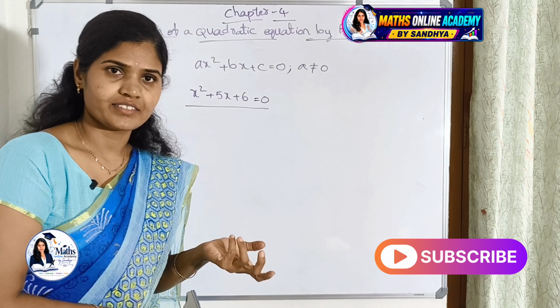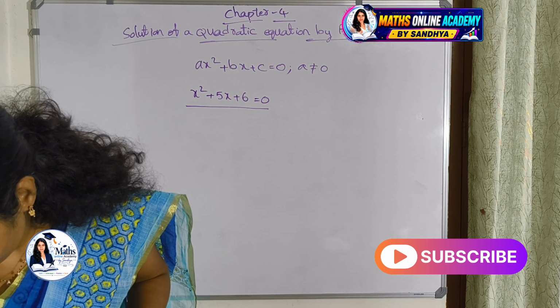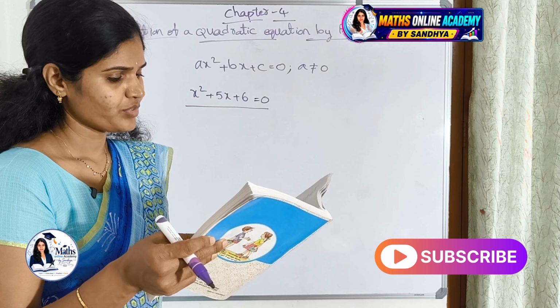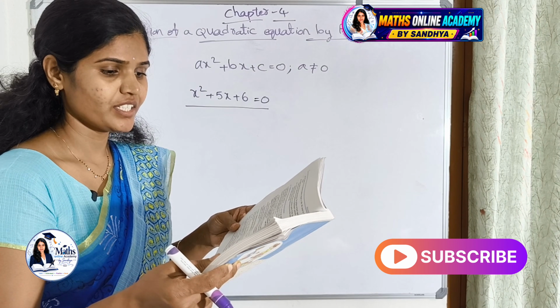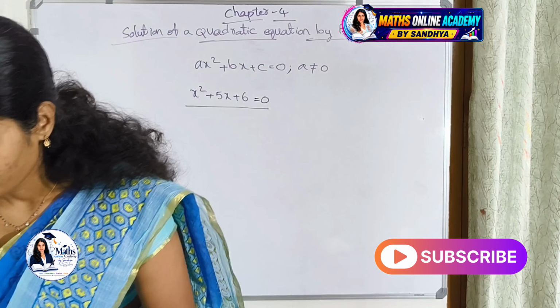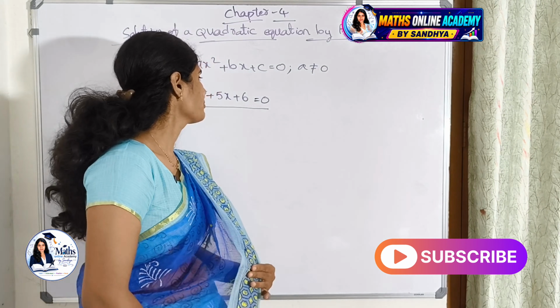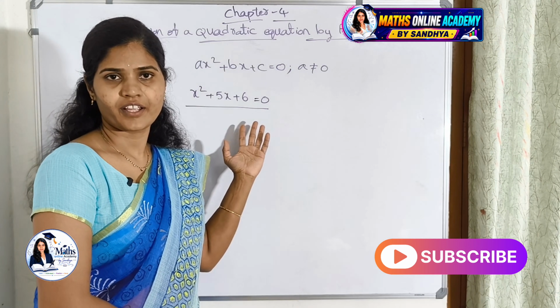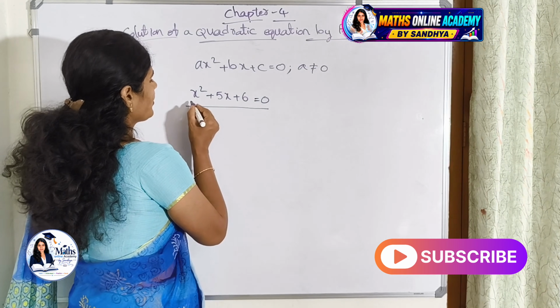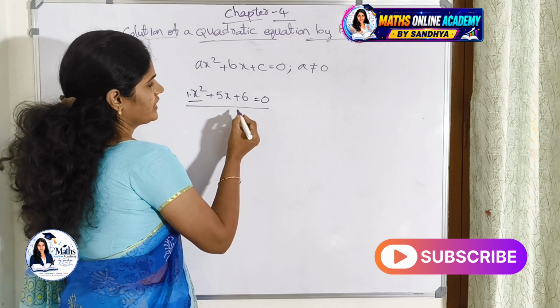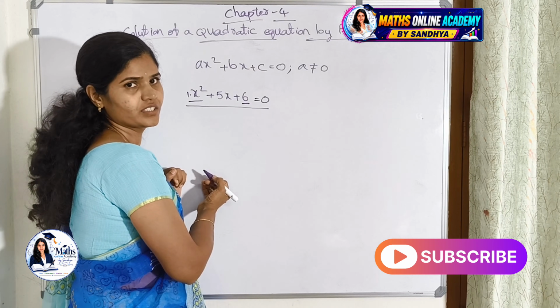And solution of a quadratic equation by factorization. What is called factorization? Using factorization, we solve example 3, example 4 and example 5. Before solving, let's take this example. Here, what is the coefficient of x square? 1. Here the constant is 6.